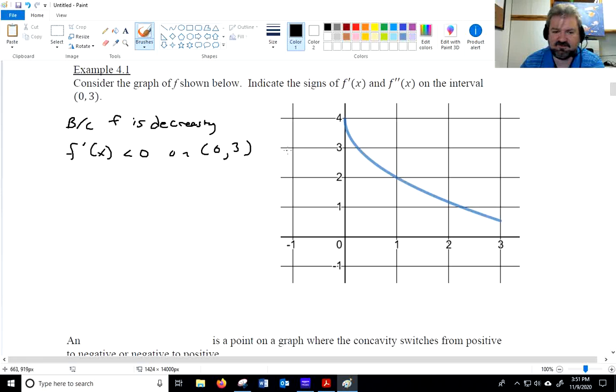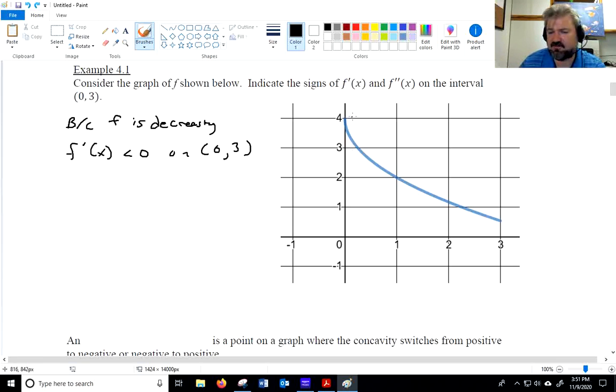Because f is decreasing, f prime is negative. But if you look at the slopes of these tangent lines, are the slopes increasing or decreasing? Well, the slope here is quite negative, but then it gets a little bit less negative, and then a little bit less negative. So as we go on, we're getting less and less negative, which means we're actually an increasing derivative.